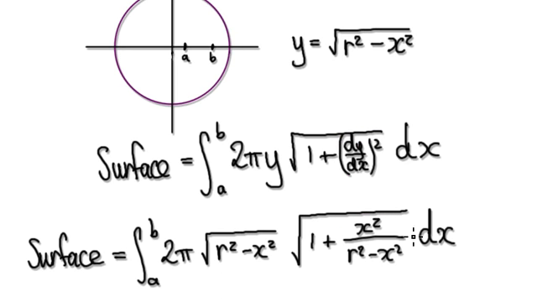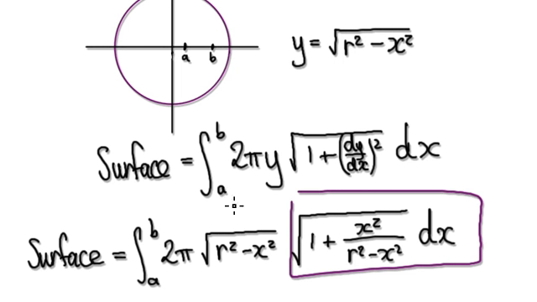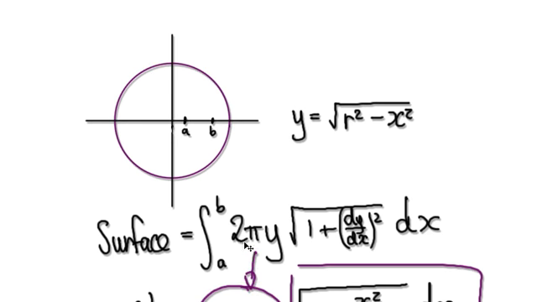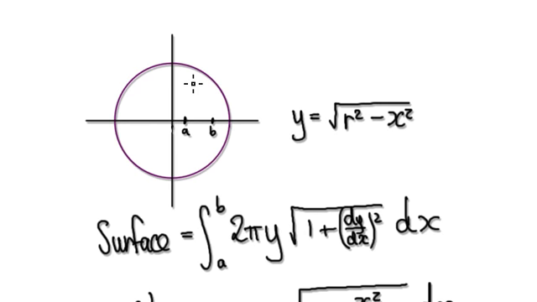Once we've got that, don't forget this here is our arc length, and then we've got to multiply by 2 pi r. But r, remember, is really the height, because we are summing up everything, moving in the dx direction.